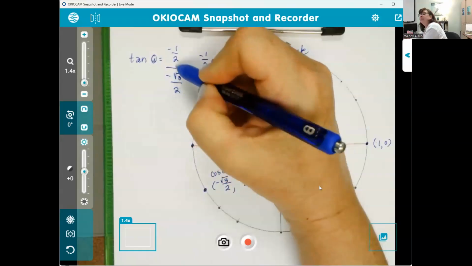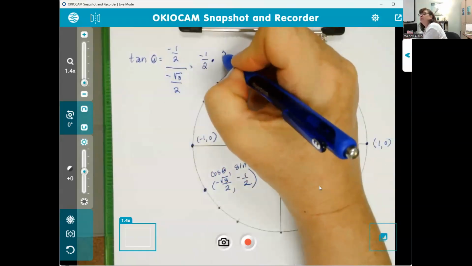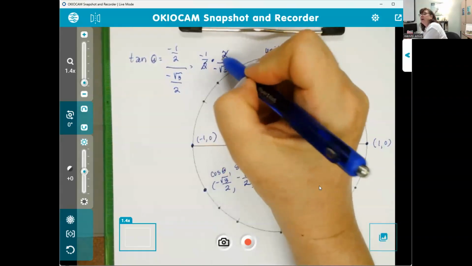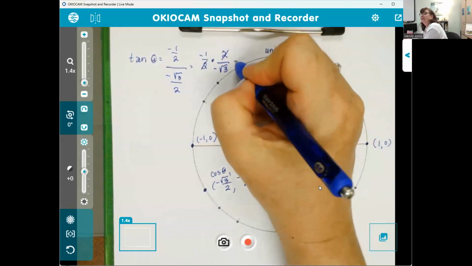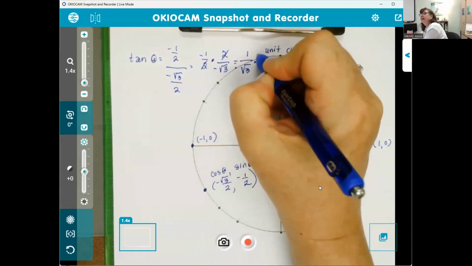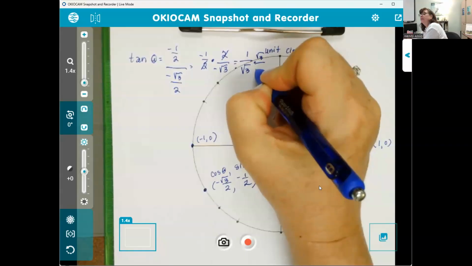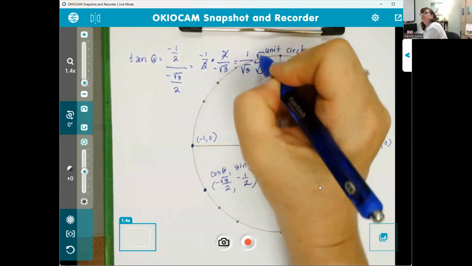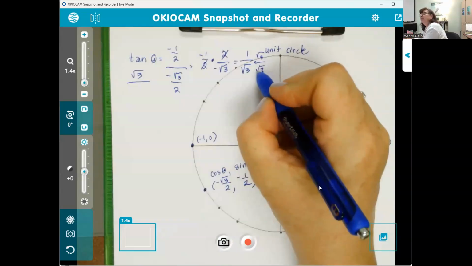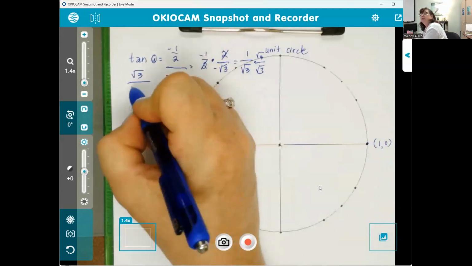So we're going to multiply by the reciprocal, 2 over negative root 3 here. My 2's cancel out. My negatives cancel out. Right now I've got 1 over root 3. I need to rationalize it. Root 3 over root 3. 1 times root 3 is root 3. Root 3 times root 3 is root 9, and the square root of 9 is 3.